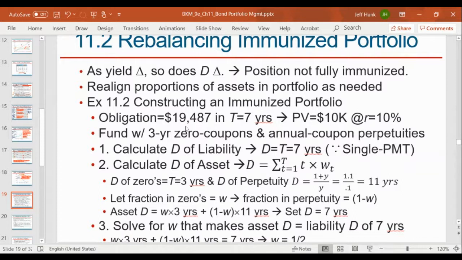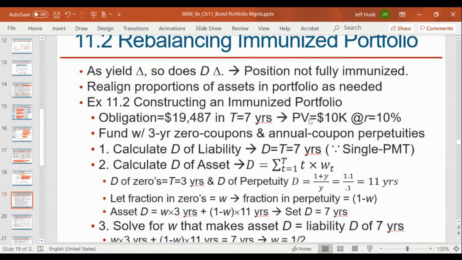The obligation is 19,487 in 7 years, if the maturity is 7 years. That's our time horizon. And the present value of that GIC is 10K, at 10%.